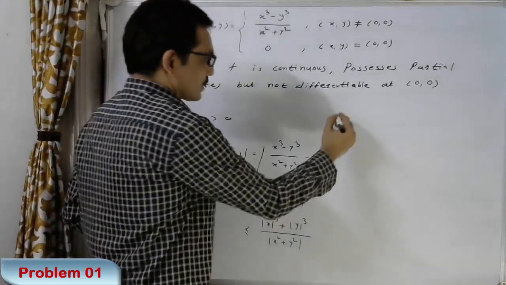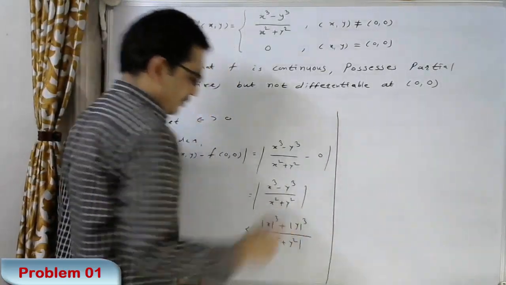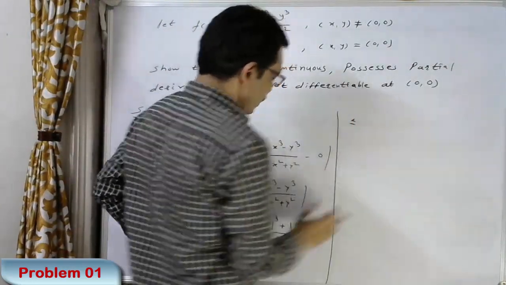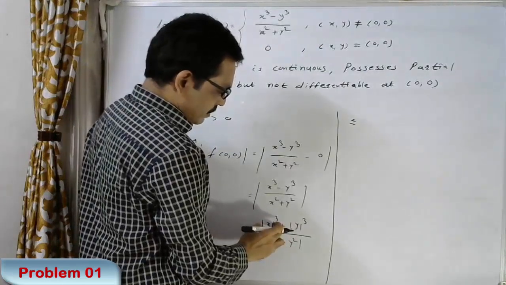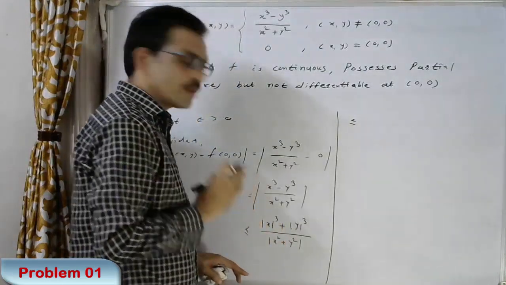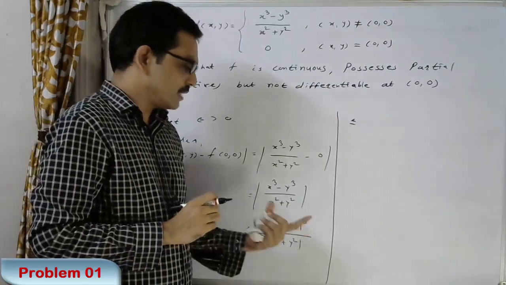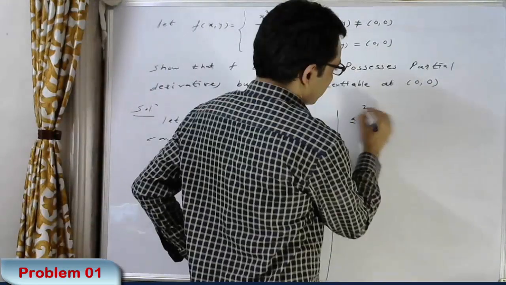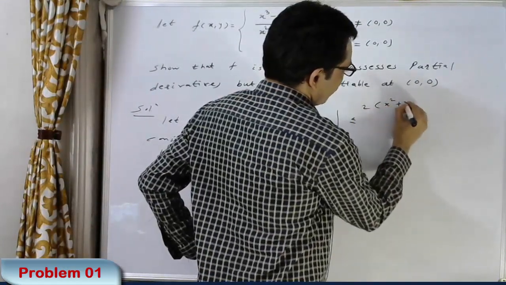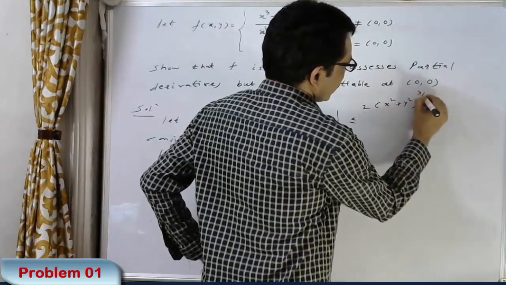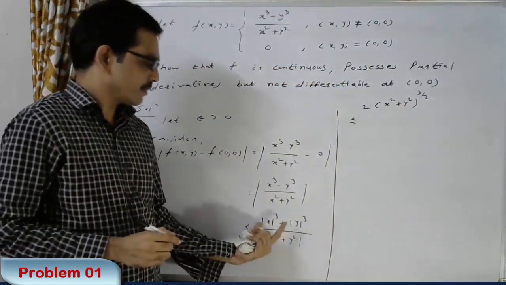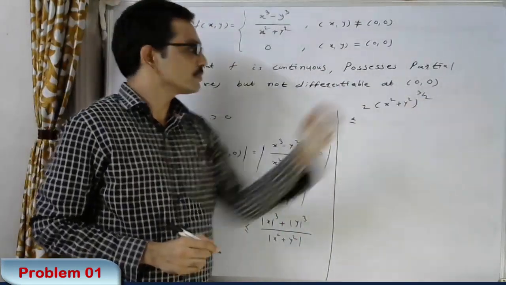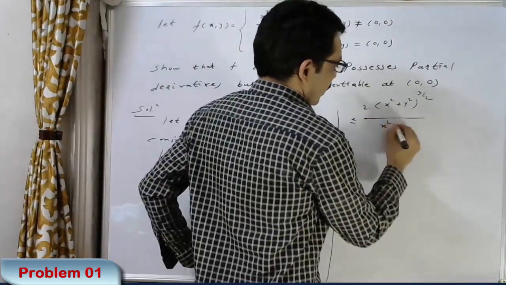Therefore, here we write this is less than or equal to 2 times (x square plus y square) raised to 3 by 2, divided by (x square plus y square).